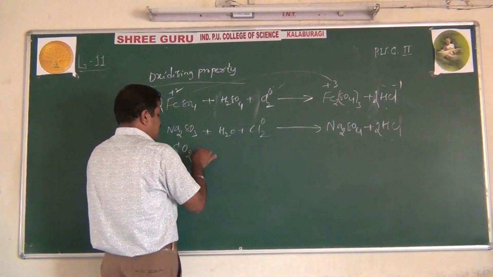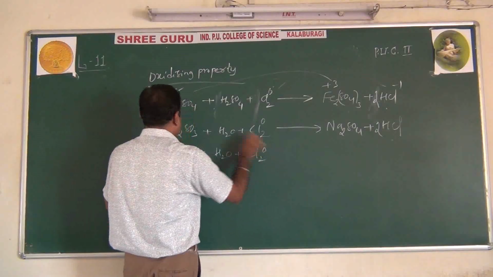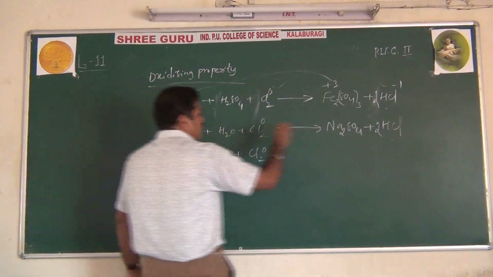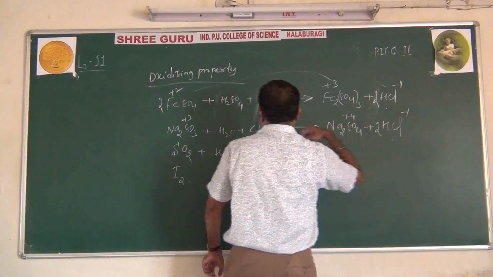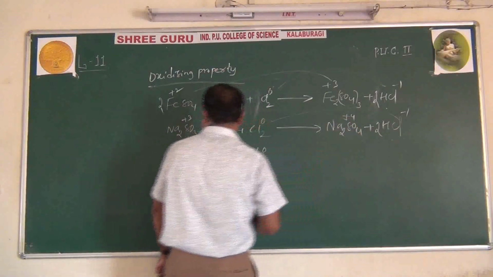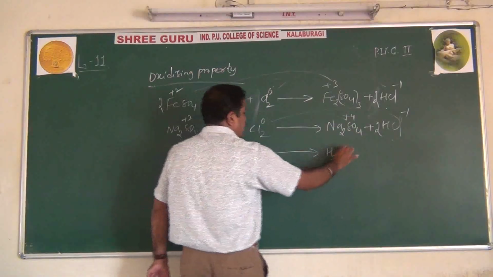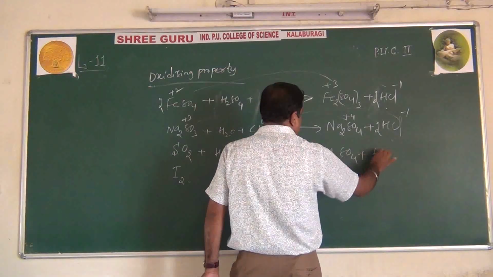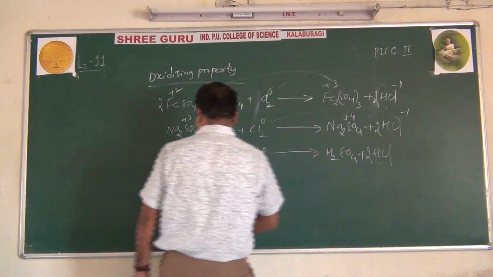Now sulfur dioxide, also in acidic medium: sulfur goes from +4 oxidized, and chlorine from 0 to -1. Sulfur dioxide goes to sulfuric acid, H2SO4, and HCl. Here also the same thing, 2HCl.